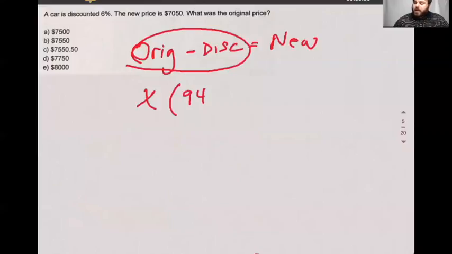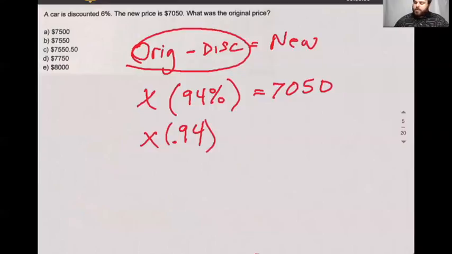So basically, we know that 94% of this original number gives us 7,050, okay? Now remember, we never deal with percents like that. We always convert them to decimals. So some number times 94% is going to equal 7050.